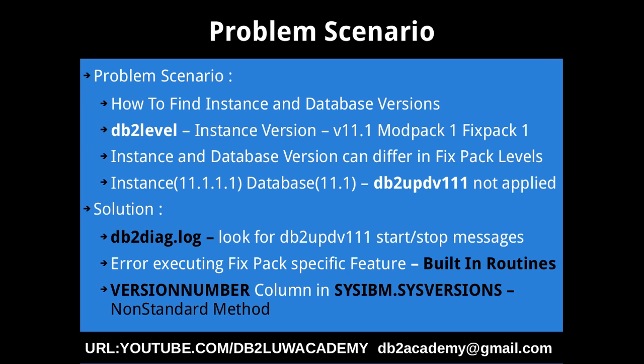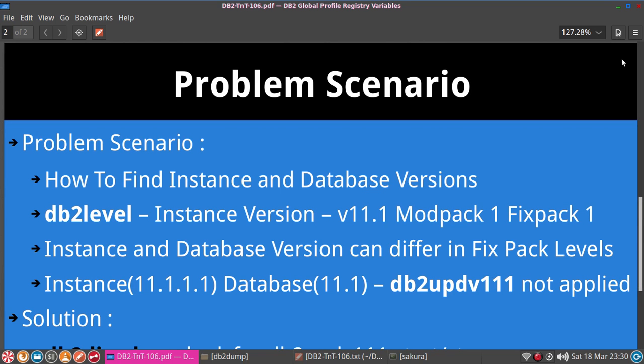We don't use the base tables. The admin views are based on the base tables. The base tables like the SYSIBM.SYS tables are there, but we don't query them, rather we query SYSCAT.TABLES, right? So in that usage pattern, yes, it is a non-standard way, but it's just a select query, so it's not going to harm anything. You run it one time to find the version number and be happy. That's it. So, as usual, this is the tip.